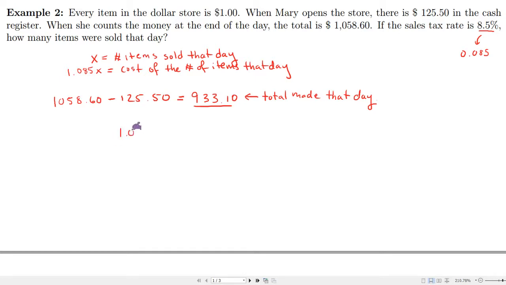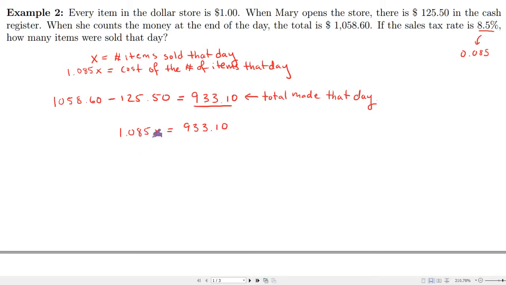So again, on the left we have the cost of the total number of items that day, and on the right we have how much we made that day. So this makes sense that once I have x, this equation will be valid.